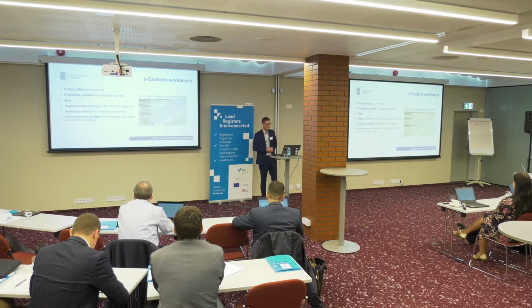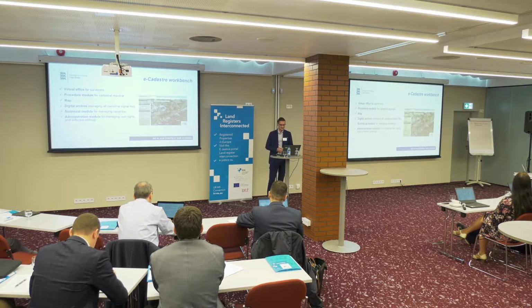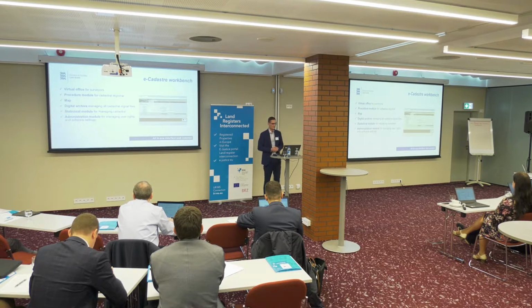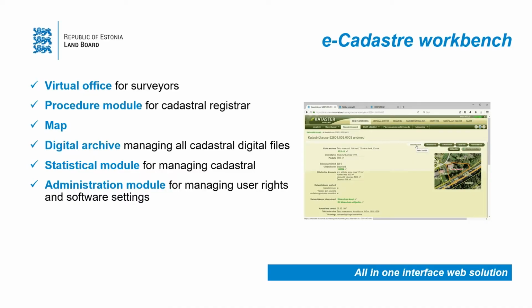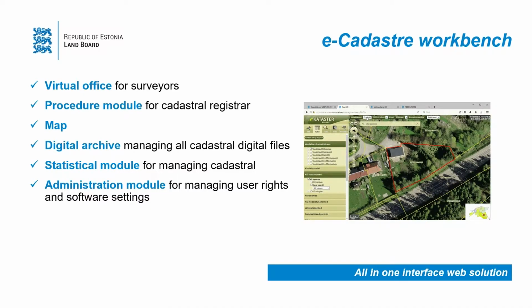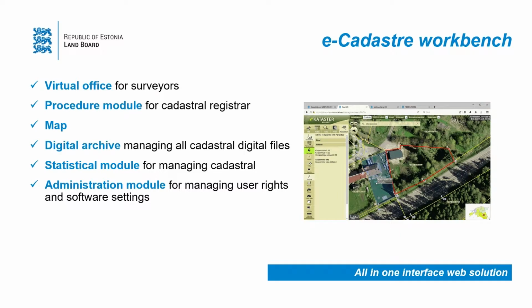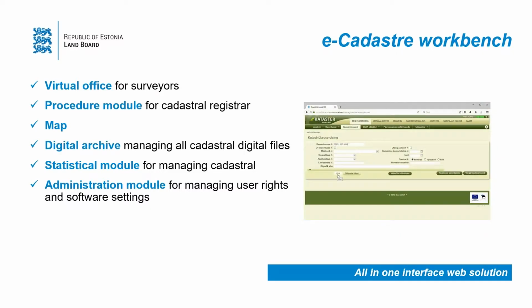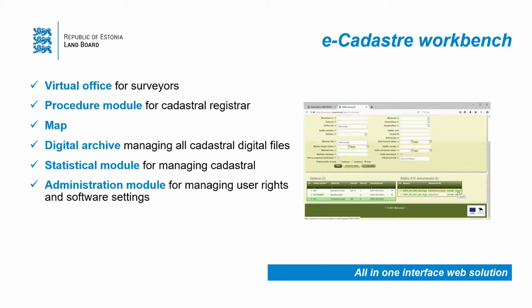Our Cadastral register uses our procedure model. They can form cadastral units if they receive data from the surveyor. And of course, a very important part is the map. We focus on the map very much. This is the part that we visualize for the legal and land register world, because our most important workbench is the map.